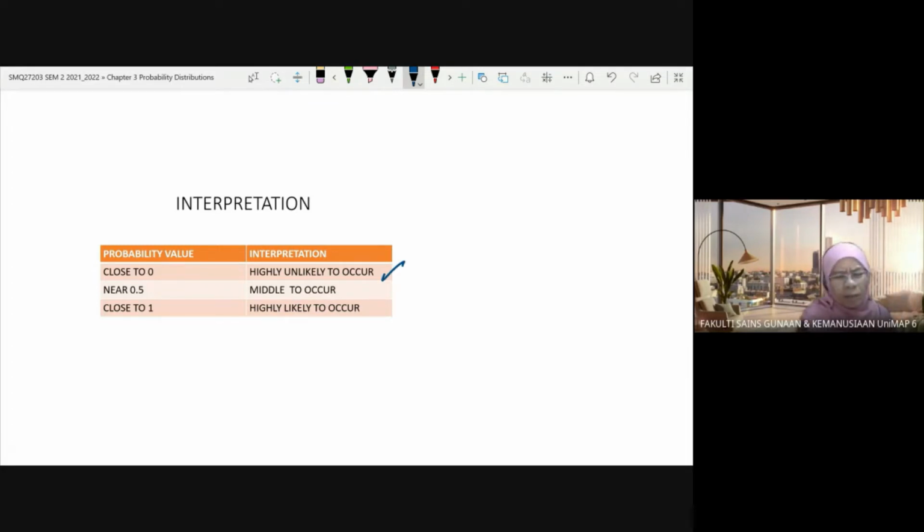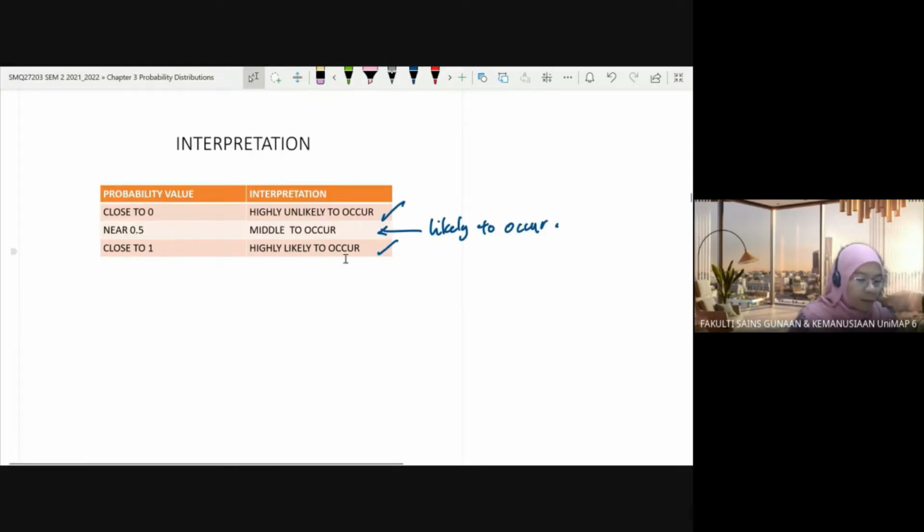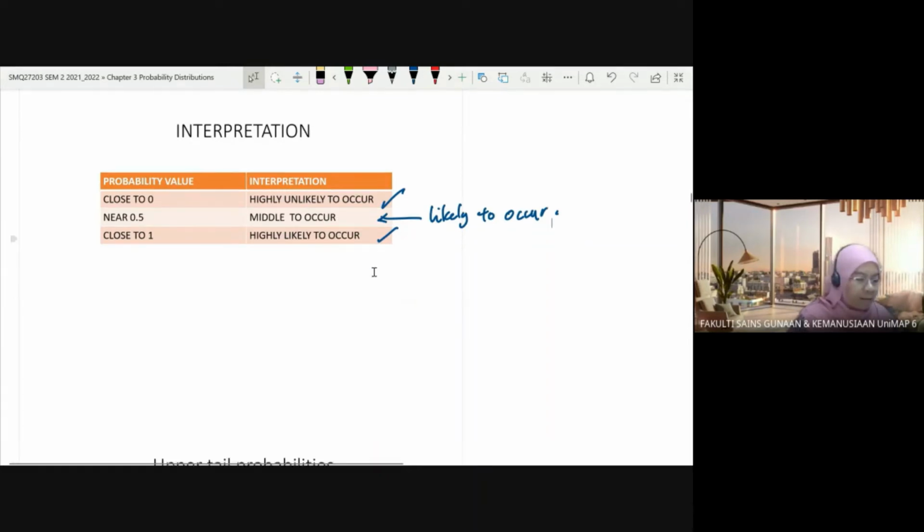Means that probability to occur is very small. Close to 1, highly likely to occur. Most probably it will be happening. Near 0.5, middle to occur, or likely to occur. Okay, so this one, the other word is likely to occur. Middle to occur, macam pelik, no? Likely to occur. Kalau lebih daripada 0.5, maknanya close to 1 is highly likely to occur.